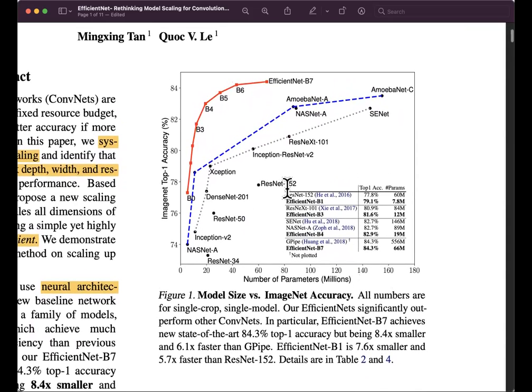In 2019, most of the popular networks lie here, and EfficientNet is here. Basically, the top left corner is better, because models there achieve high accuracy with a small number of parameters.